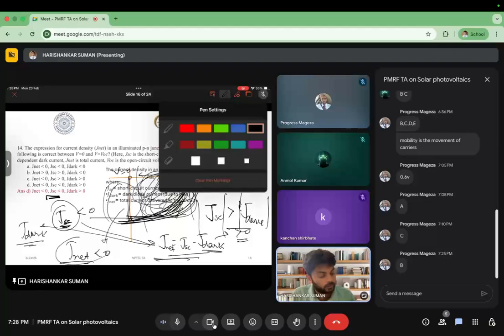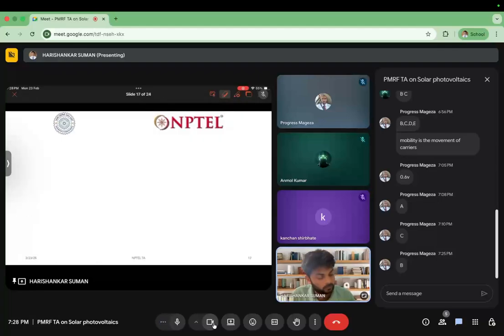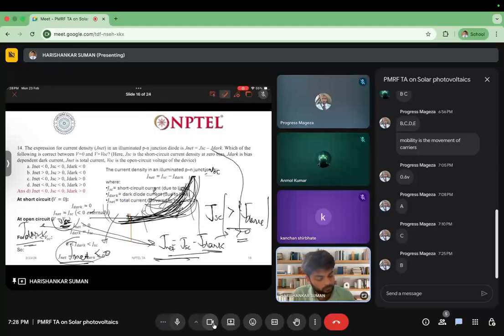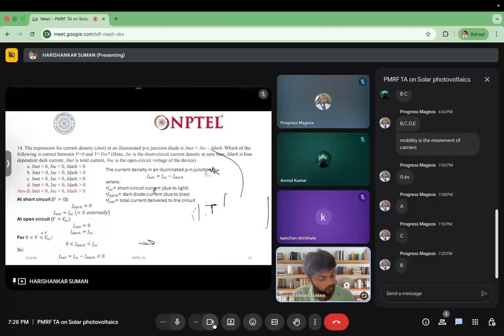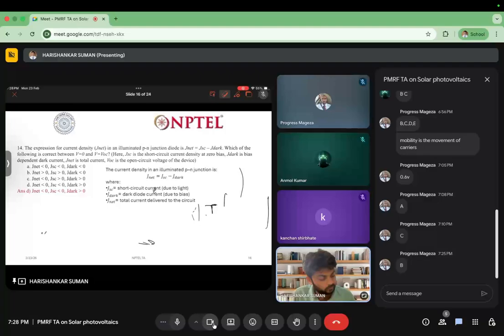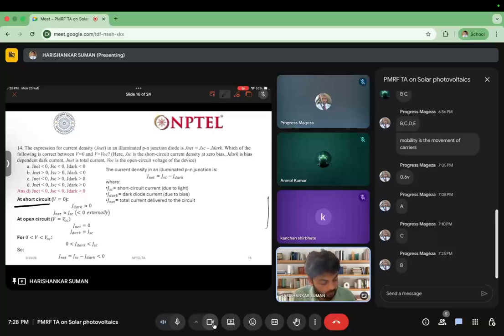At short circuit condition, applied voltage is 0, means dark current is 0, only the J net is JSC.